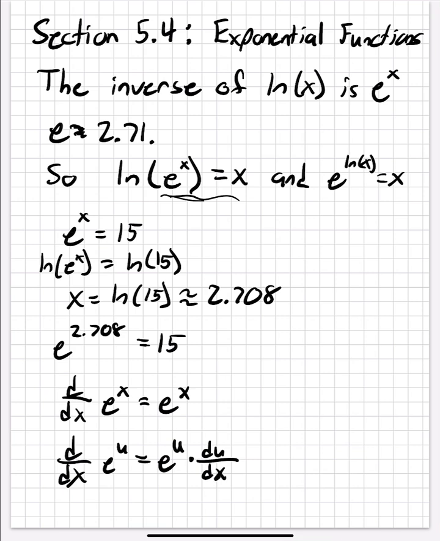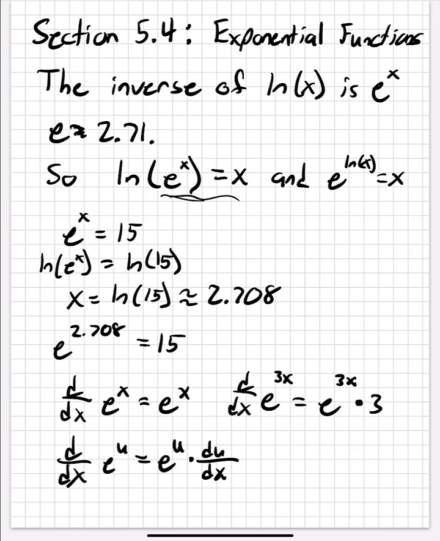Let me show you an example of that. Let's do e to the 3x, and I want to take the derivative of that. My derivative is e to the 3x times, using the chain rule, the derivative of 3x, which is 3, and I just multiply it on the end.